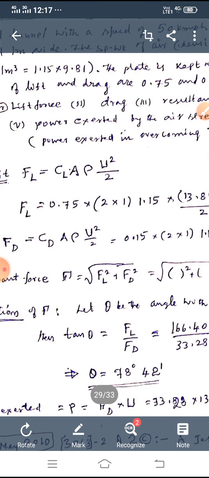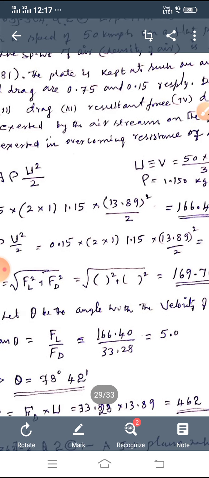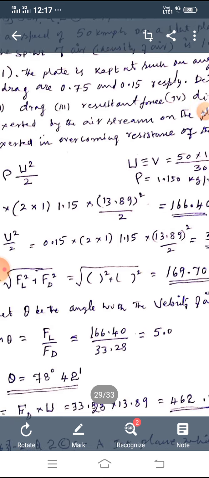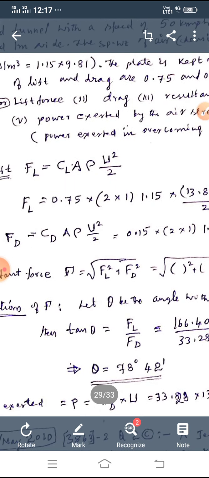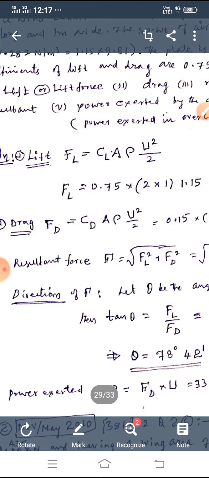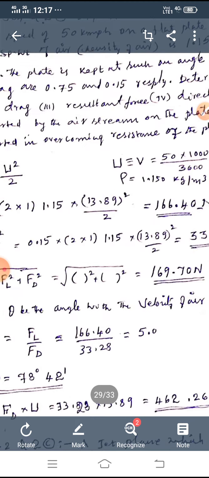Therefore, on substitution, CL is equal to 0.75 given, area 2 into 1 because 2 meter length and 1 meter wide, 1.15, that is rho, and U squared 13.89 squared divided by 2, you get 166.4 Newton.